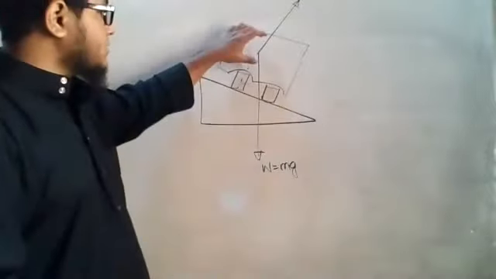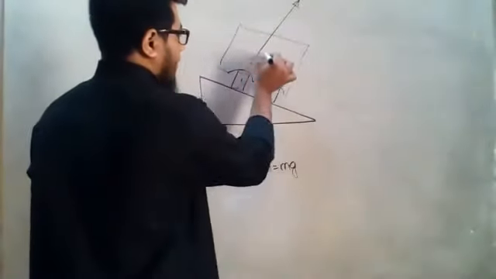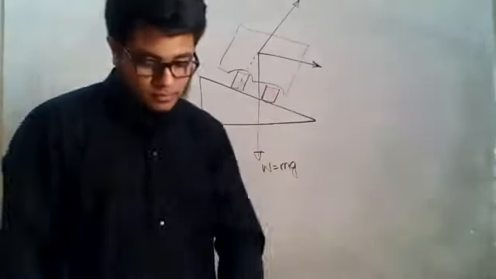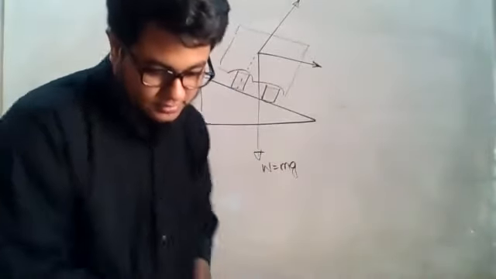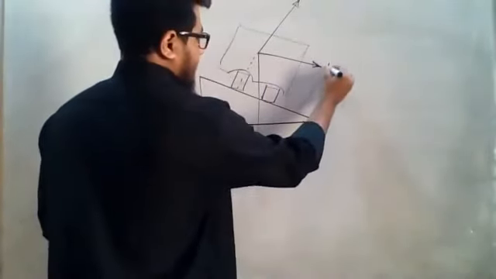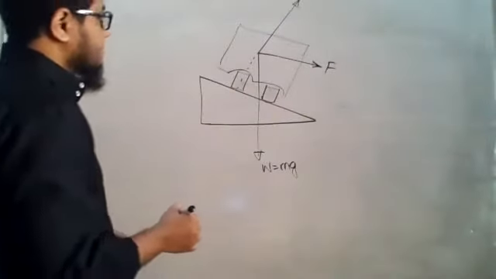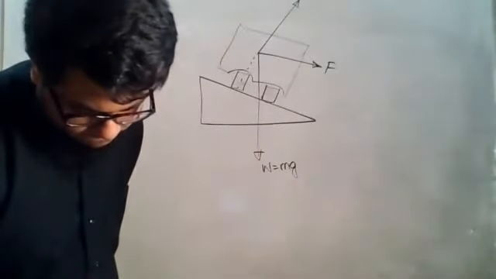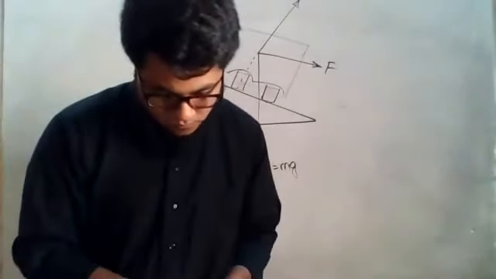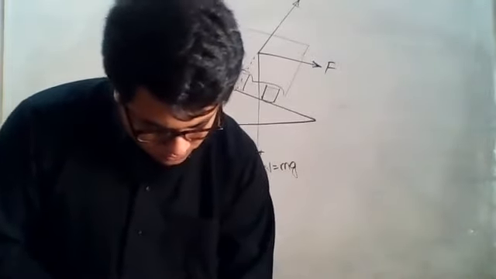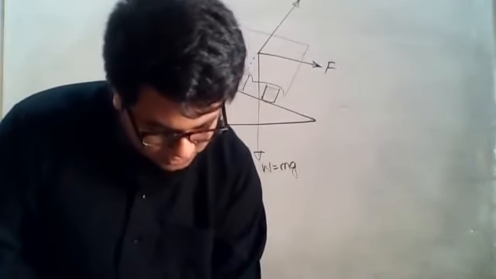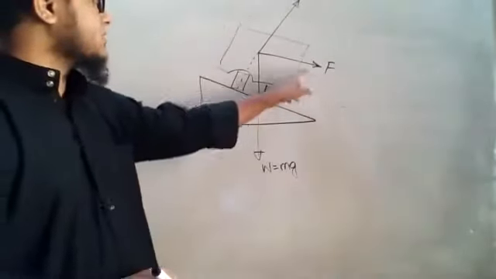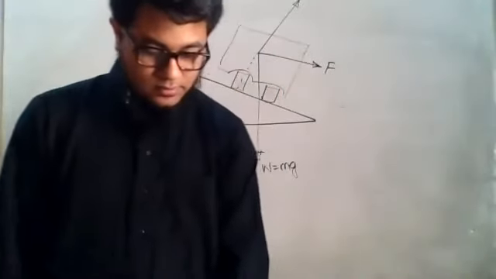And I can easily imagine that the resultant will be along this direction, in the middle, and they have mentioned that as F. Then this resultant force supplies the required centripetal force to move the vehicle in the circular path. Yes, this is the centripetal force.